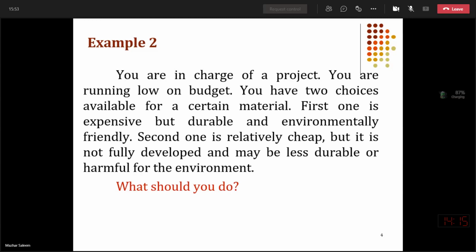And plus, there is another factor that plays an important role in such situations, and that is your own work ethic or your own moral principles or moral integrity. The people of high moral integrity might say that, okay, I will not compromise on the quality of work, even if I have to sacrifice my job or I have to face some financial loss.